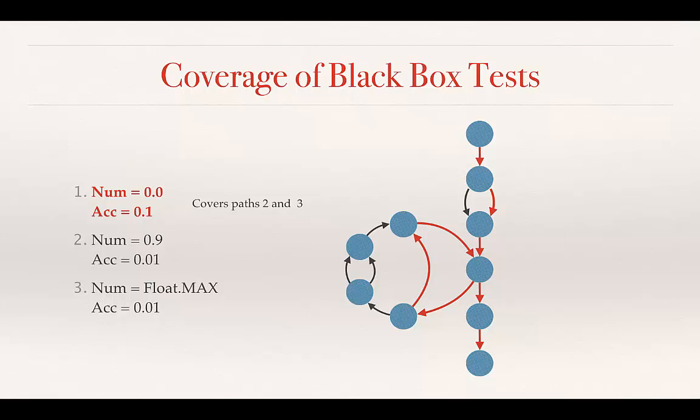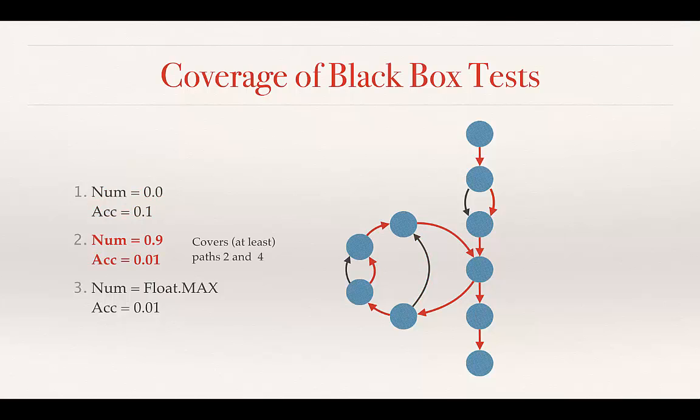If you go back and look at the 5 linearly independent paths we came up with in the last slide, you'll see that this test case completely covers both paths 2 and 3. That means there are only 3 paths left to cover.